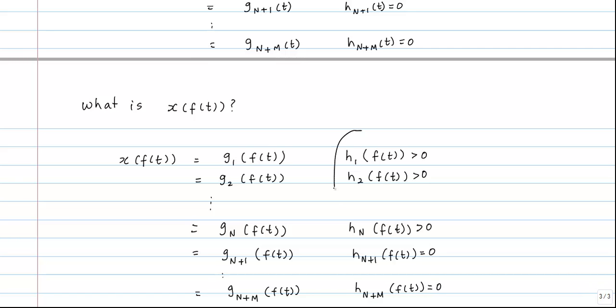Of course, what we can do is we can rewrite all these in terms of t being greater than 0 or t being less than 0, or perhaps some range of values of t depending on what these functions h's are.